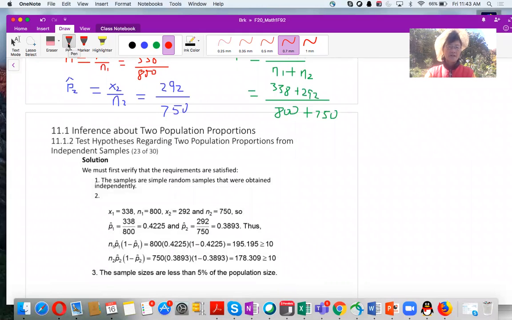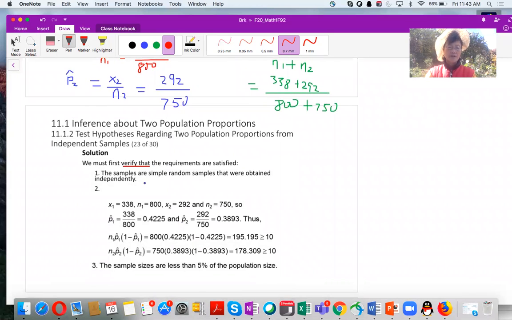But before we do that, we must verify the requirements are satisfied. Remember, there are three requirements. One is a simple random sample; we always assume this is true. The second is n1 p1 hat times (1 minus p1 hat) must be greater than 10, and n2 p2 hat times (1 minus p2 hat) greater than 10.